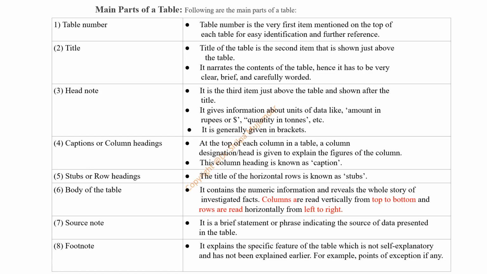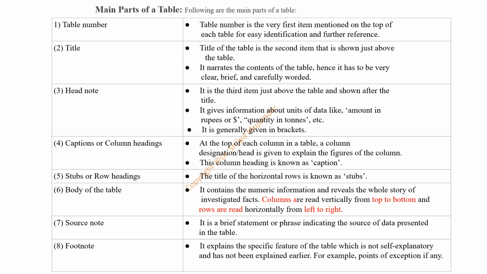So whatever numbers you add in columns, which are at the top, and rows, which run horizontally left to right generally, must give all the information about your research. Whenever you are presenting the table, you must read the columns vertically from top to down. You cannot go from bottom to top.